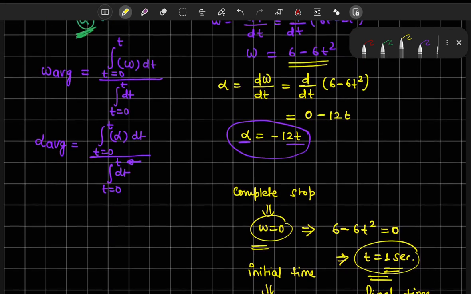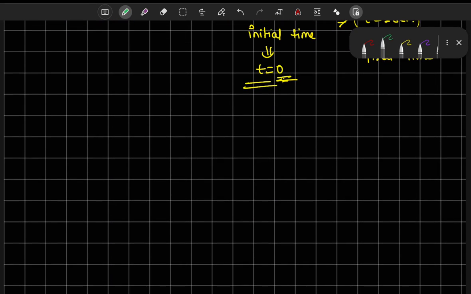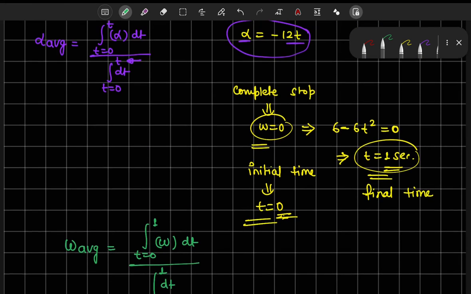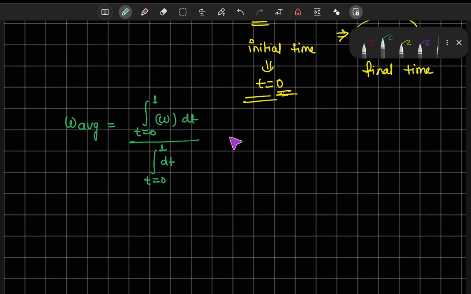Now let us find the average value of the angular velocity and the angular acceleration. We can write omega average is equal to the integral of omega times dt from t is equal to 0 to 1, whole divided by the integral of dt from t is equal to 0 to 1. Angular velocity is given as 6 minus 6t square, so let us integrate 6 minus 6t square into dt.